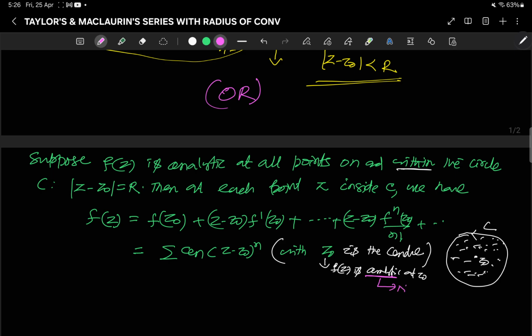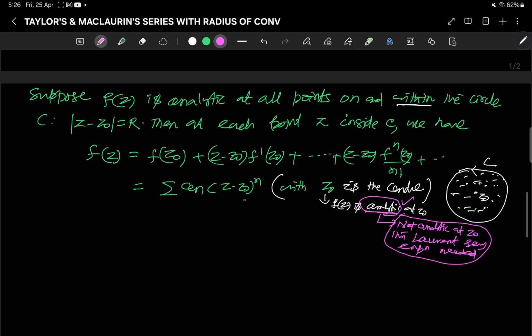If it is not analytic at z0, then Laurent series expansion is needed. We will discuss in the next lecture, okay? But here it is analytic, otherwise we cannot move, right?